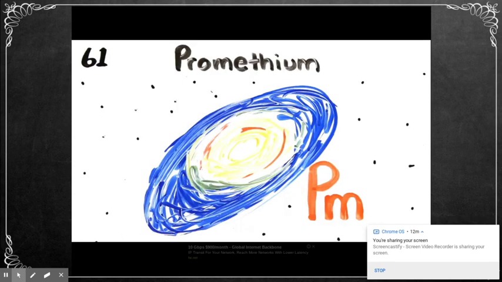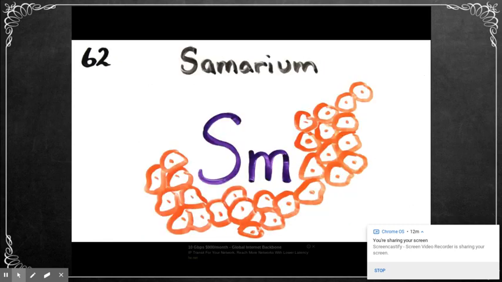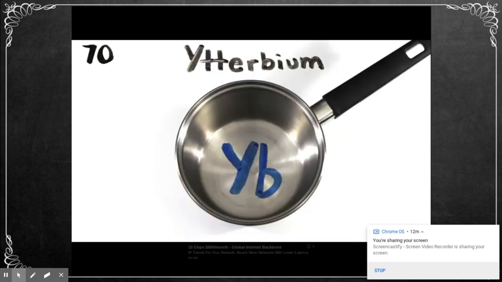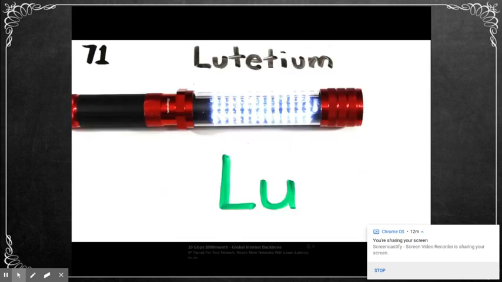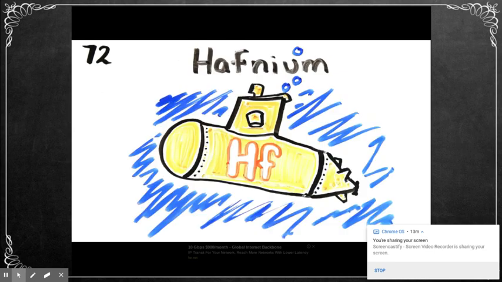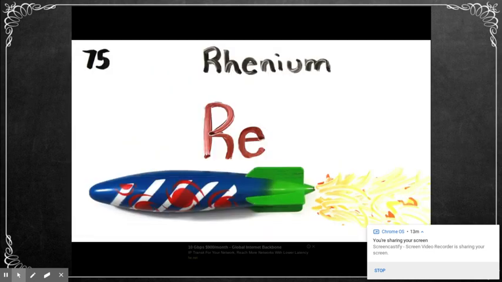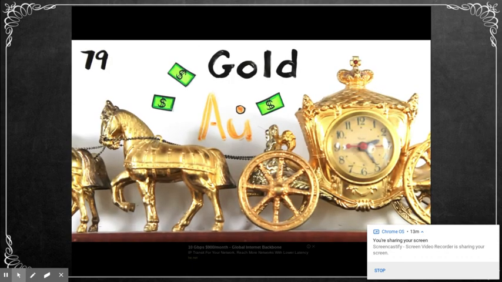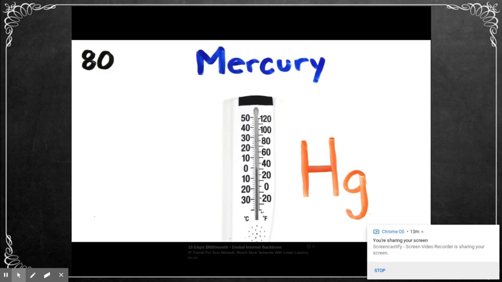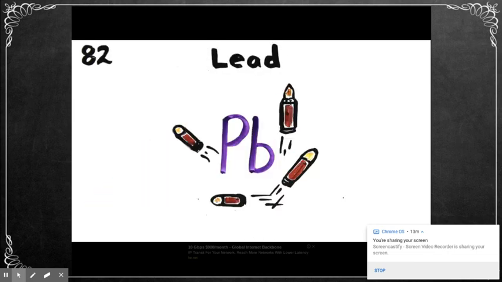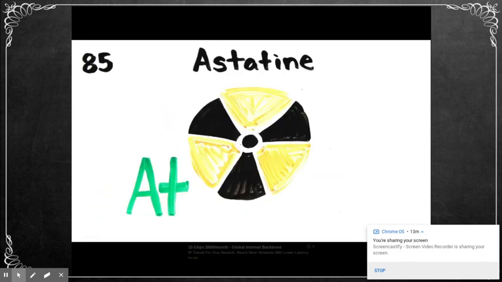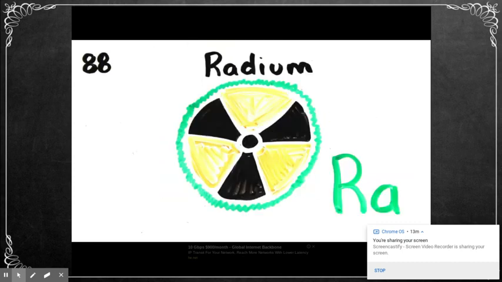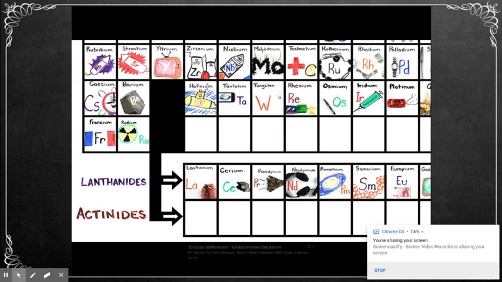Neodymium's next to promethium, then 62, samarium, europium, gadolinium, and terbium, dysprosium, erbium, thulium, ytterbium, lutetium. Hafnium, tantalum, tungsten, rhenium, osmium, and iridium, platinum, gold to make you rich till you grow old, mercury to tell you when it's really cold, thallium, and lead that is meant for your tummy, polonium, astatine would not be yummy, radon, and francium will last a little time, radium, then actinides at 89.